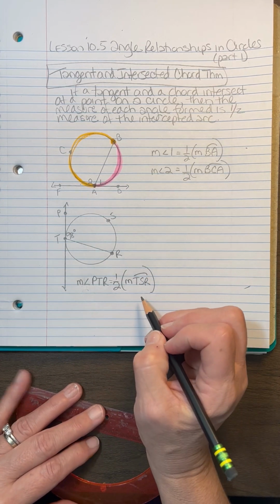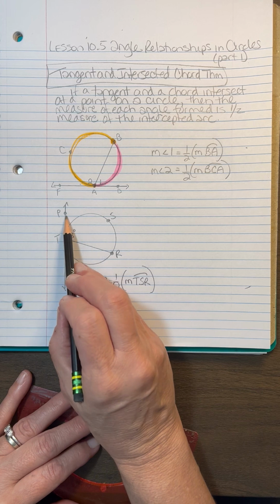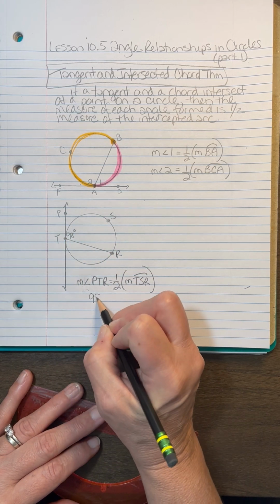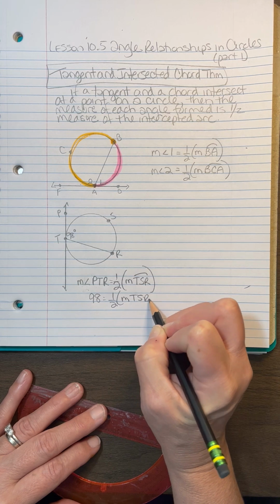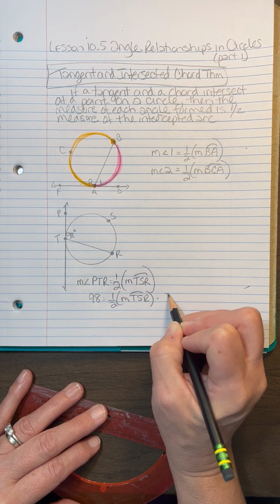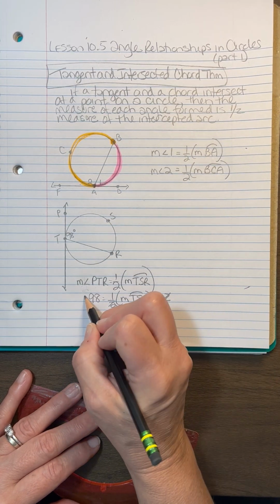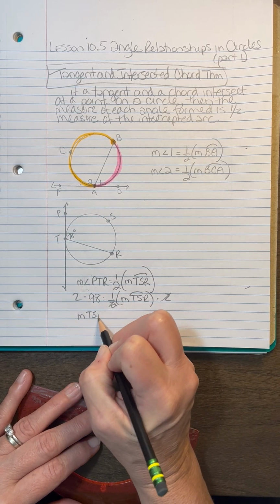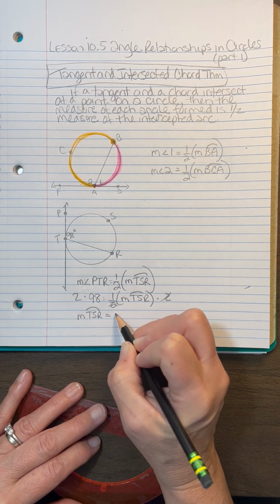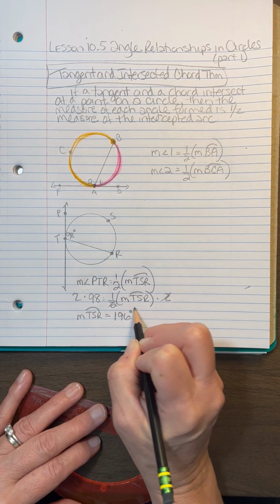Okay, so we plug in what we know. Angle PTR is 98. Multiply both sides by 2 to get rid of that 1/2. So we know the measure of arc TSR is going to have to be 196 degrees.